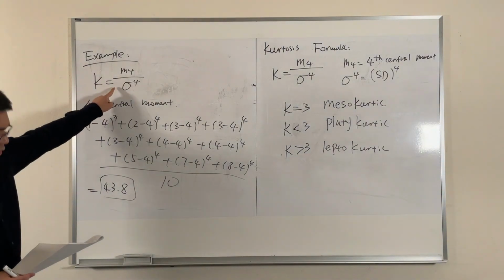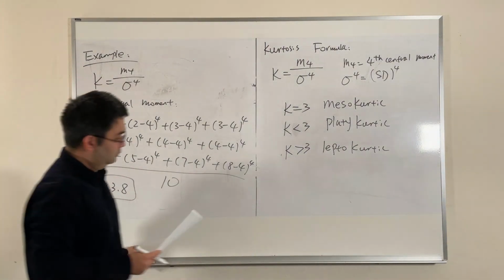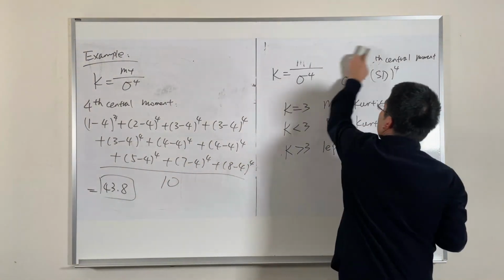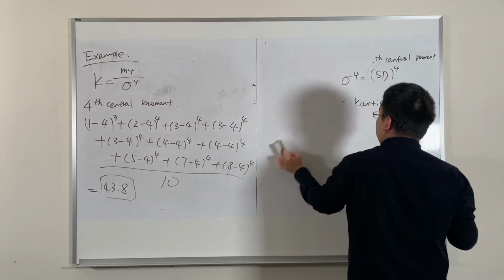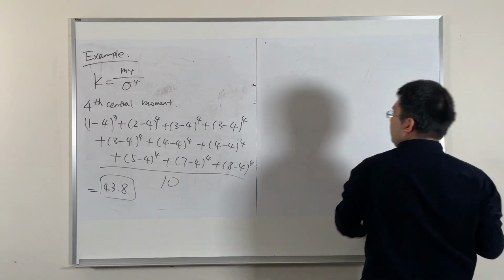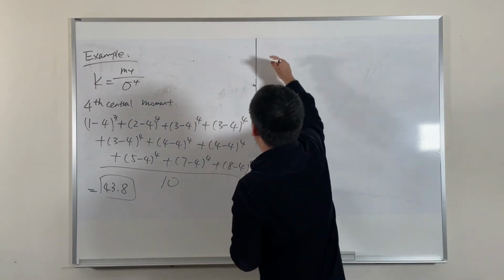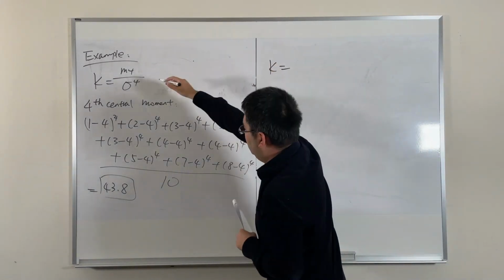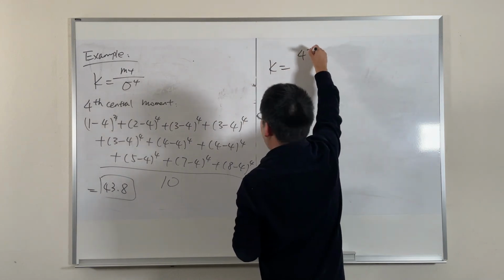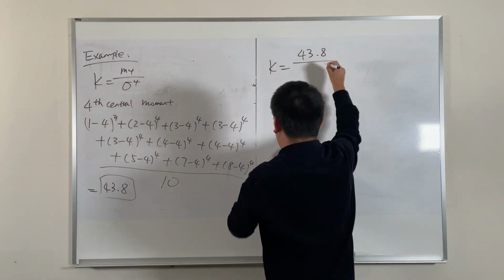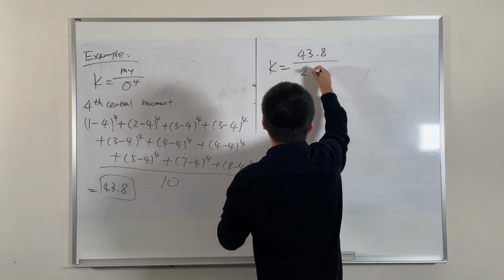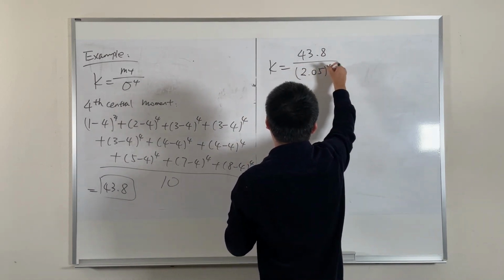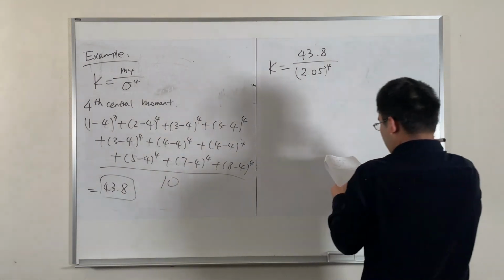Then we continue with the formula. Our K equals the fourth central moment, 43.8, divided by the standard deviation to the fourth power, which is 2.05 to the fourth, from the previous example.